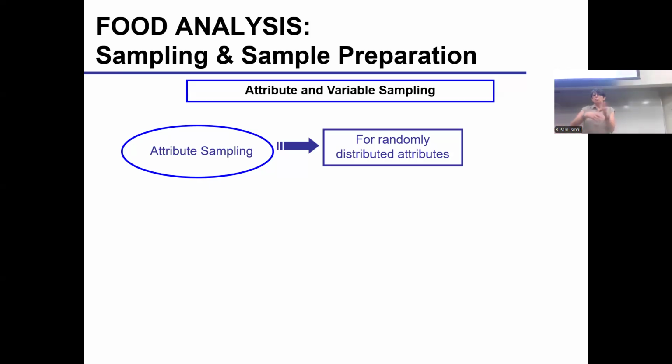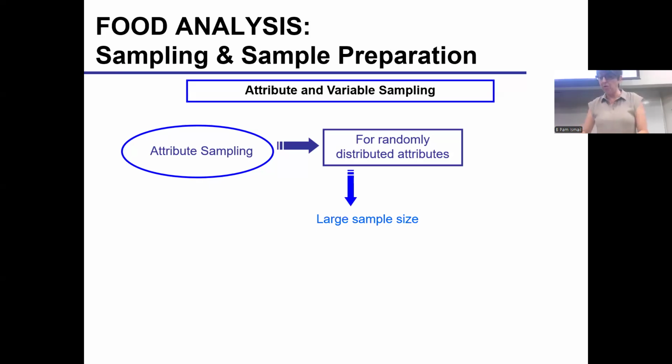But when something is random and can be present anywhere, in that case you really have to take a large sample size, meaning very many samples from different locations, because there is a high risk, for example aflatoxin or Clostridium botulinum. There is high risk to the consumer. You don't want to miss it if it's there. So you take a lot of samples.